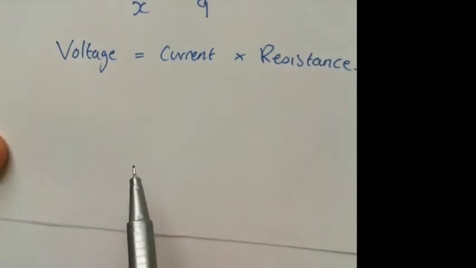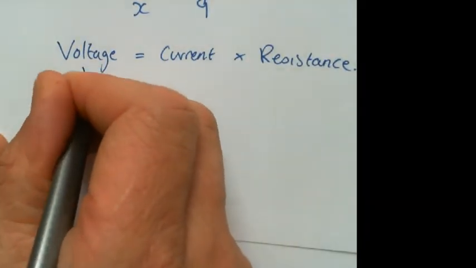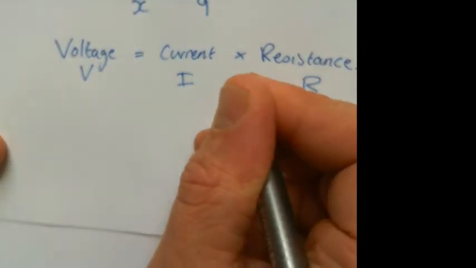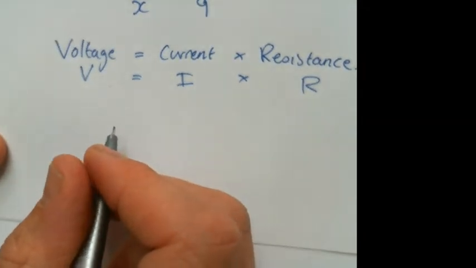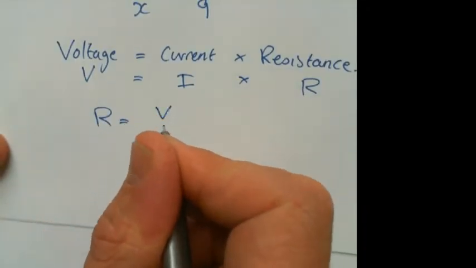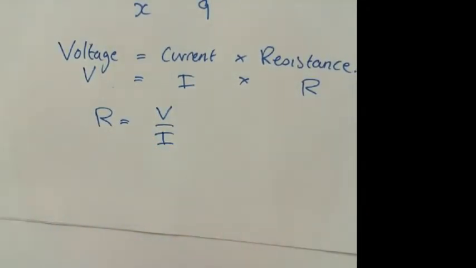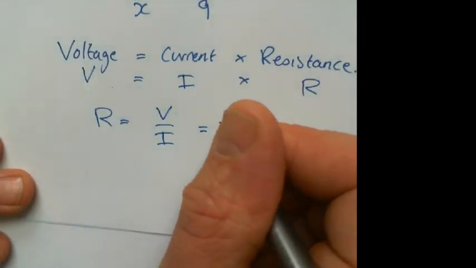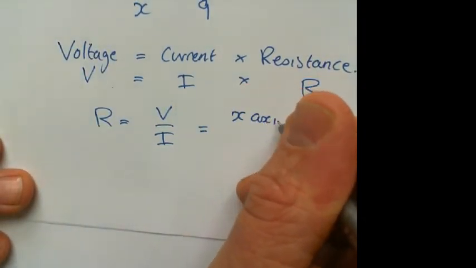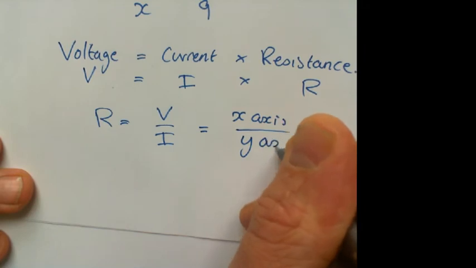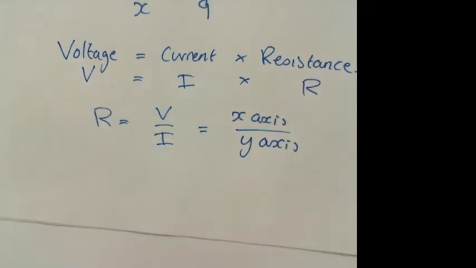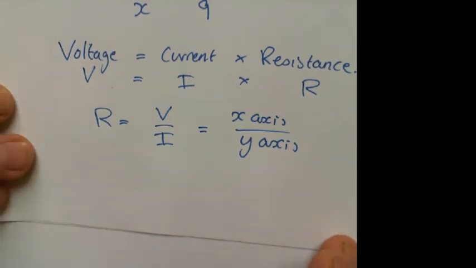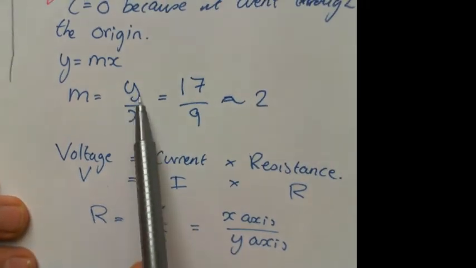So then if you want to work out what resistance is, that's V, that's I, that's R. You then need to do R equals V divided by I. And on our graph, that means that is equal to the x-axis divided by the y-axis, because when we worked out the gradient, we did y divided by x.